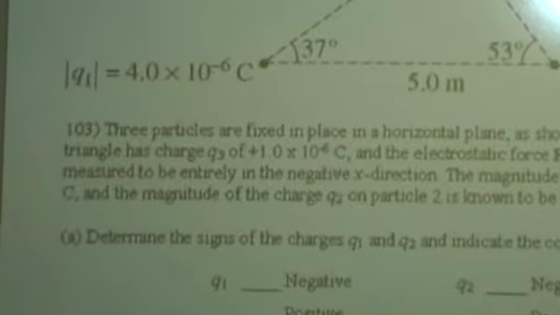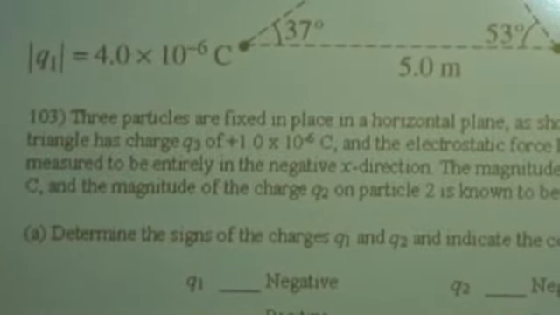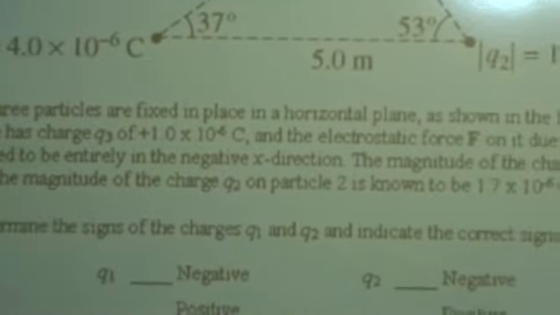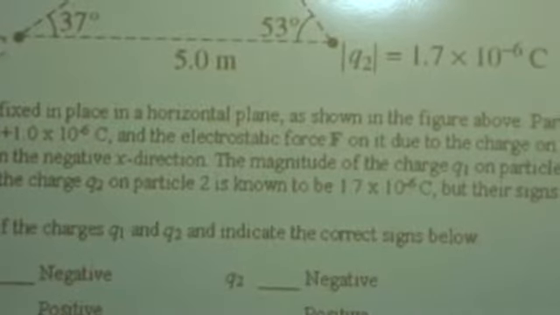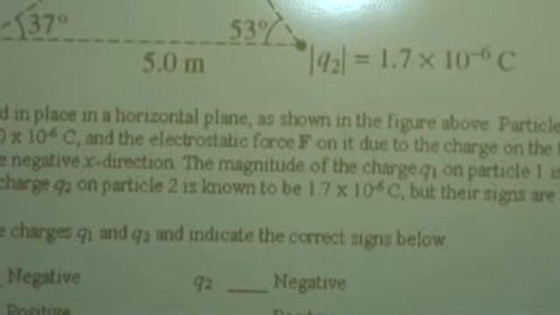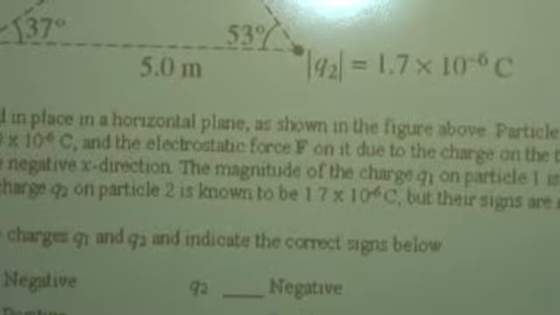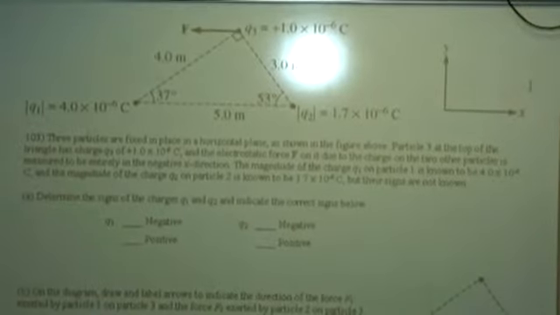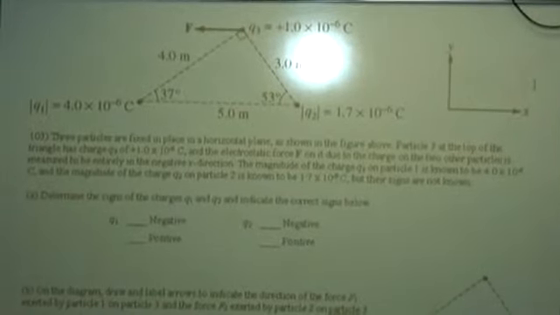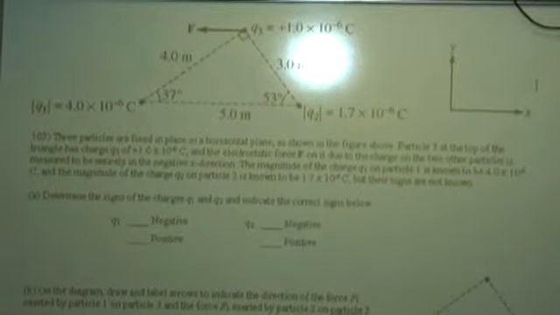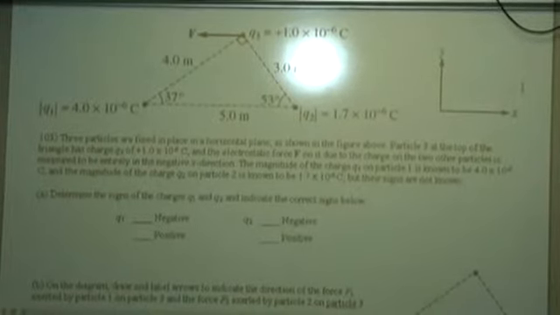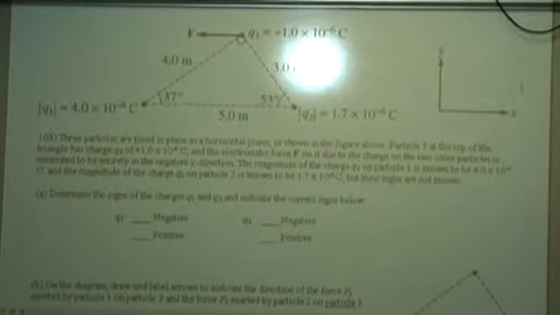The magnitude of charge 1 is known as 4 microcoulombs, and the magnitude of charge 2 is known to be 1.7 microcoulombs, but their signs are not known. Determine the signs of the charges, Q1 and Q2, and indicate the correct signs below.